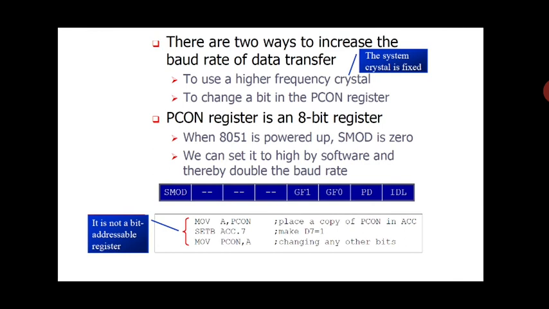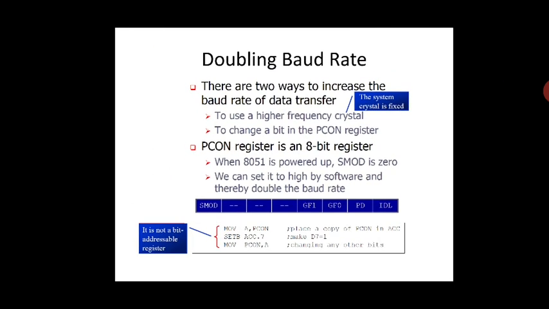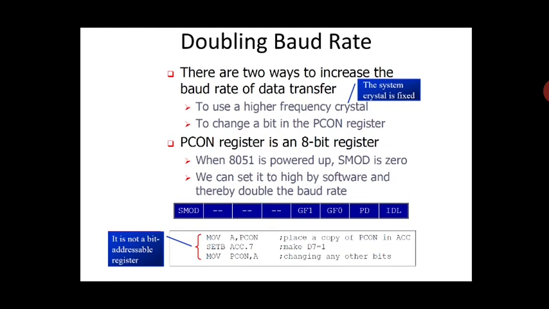We need not worry about the lower 4 bits. There is a higher bit, the most significant bit, the SMOD bit. It indicates doubling the transfer rate, or doubling the baud rate, by setting the bit.